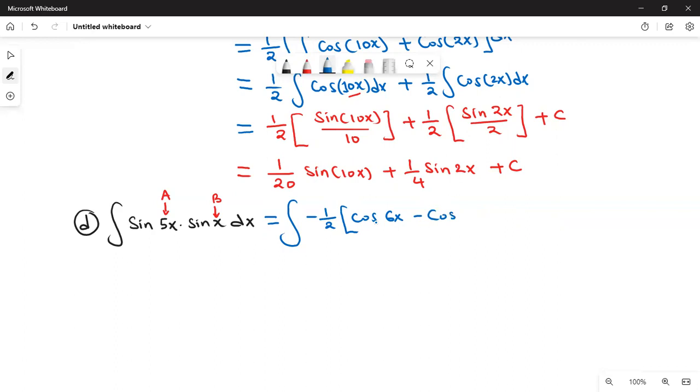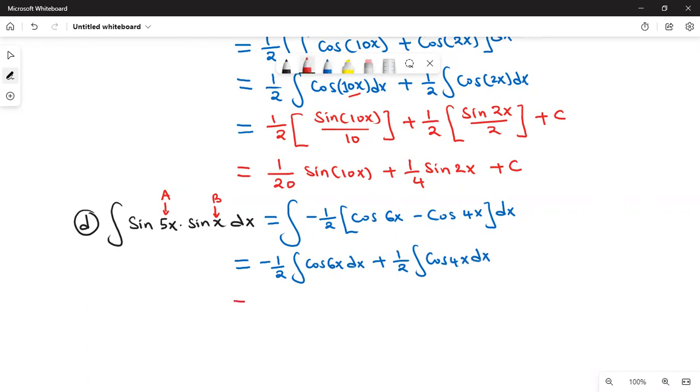The difference here is A minus B, not the other way around. So that is 5x minus x, that is 4x, dx, which you can also write as negative 1/2 times the integral of cos 6x dx plus 1/2 the integral of cos 4x dx.